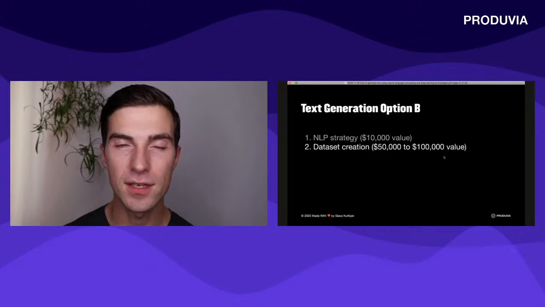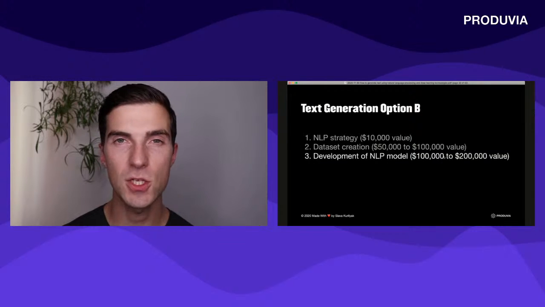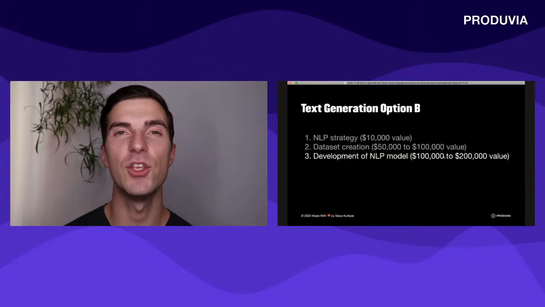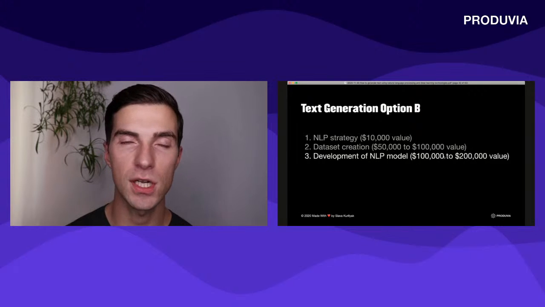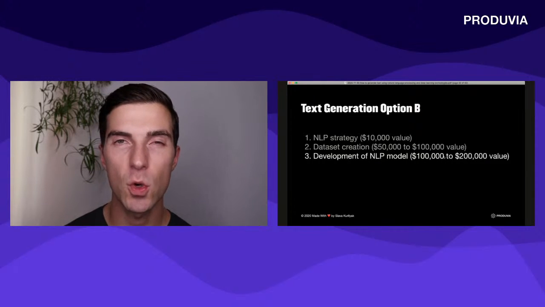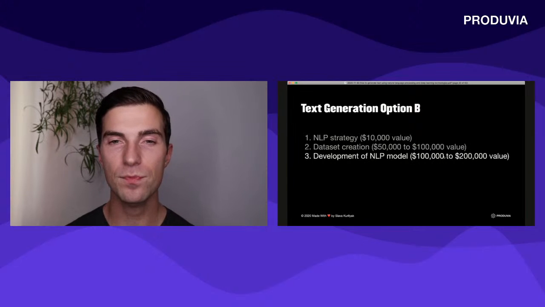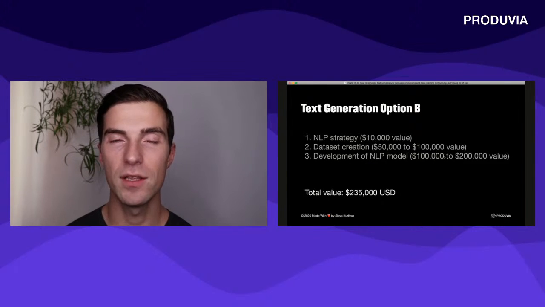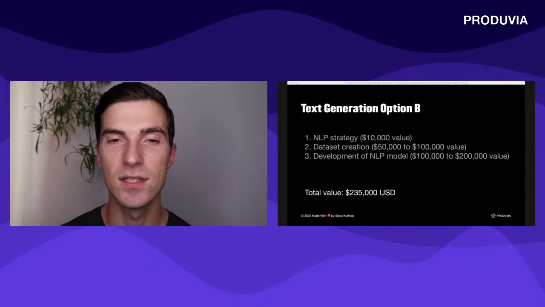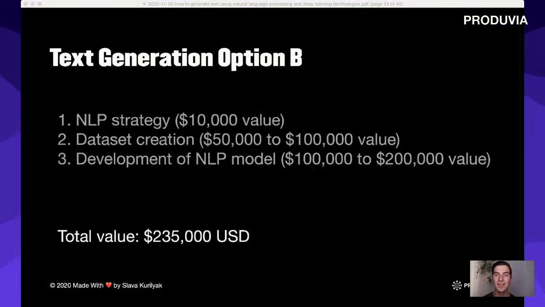And the third part of this package is we develop this text generation model, so now you can apply it at your business. Here we're talking about a business value of between $100,000 and $200,000. In total, the value of this package is $235,000. Hopefully that makes it clear what you're able to gain.